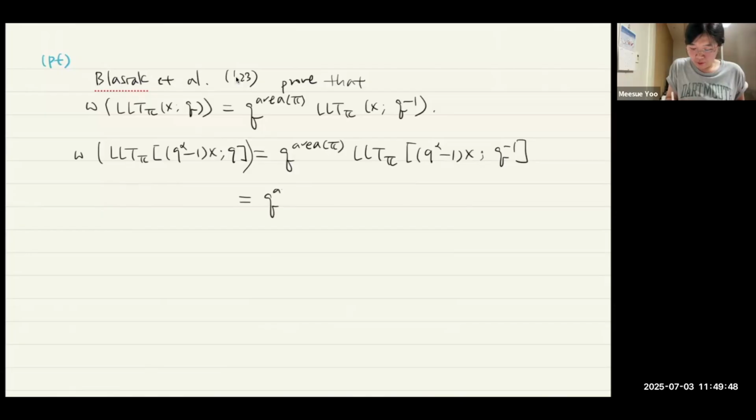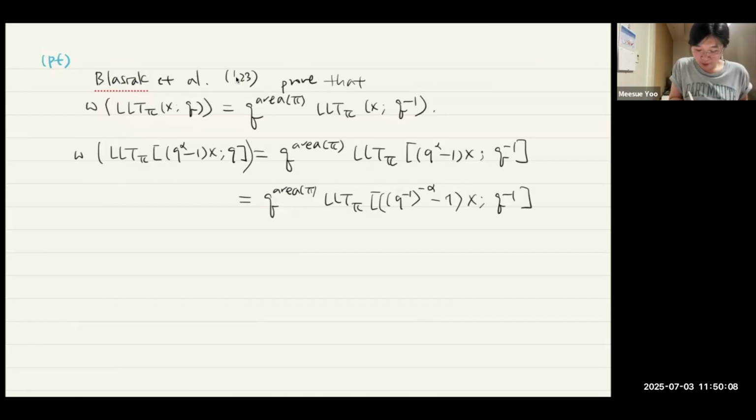Of course, you can also think of this as q to the minus 1, and then minus alpha, because I want to make everything q to the minus 1, like this.